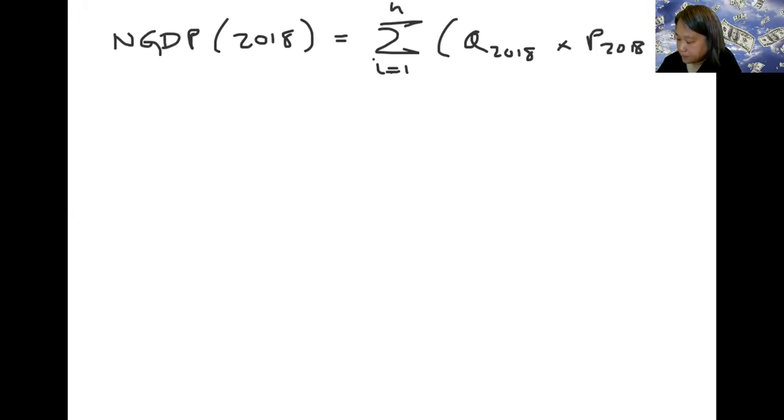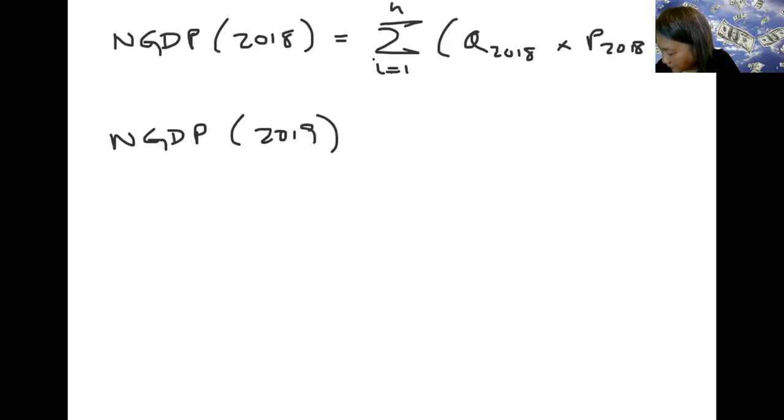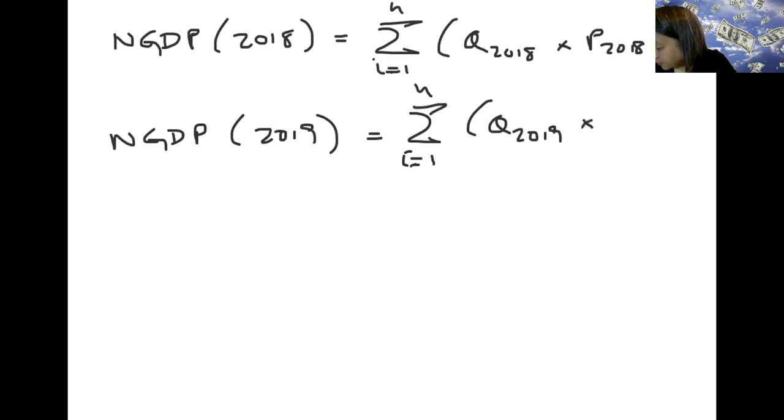And then if we were going to compare economic growth, that means we're going to compare that to nominal GDP of 2019, which is the same formula. So it is the aggregate of everything that we produce in 2019 times the prices of 2019.